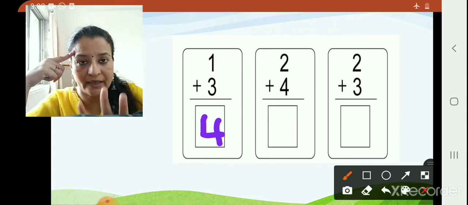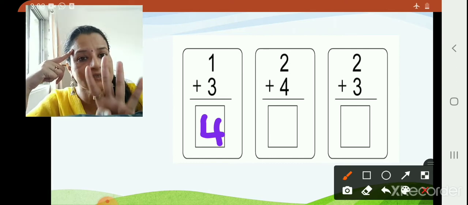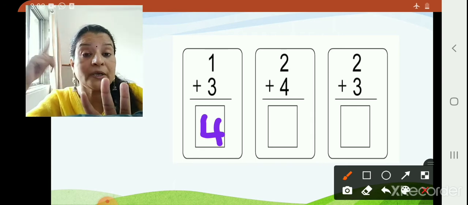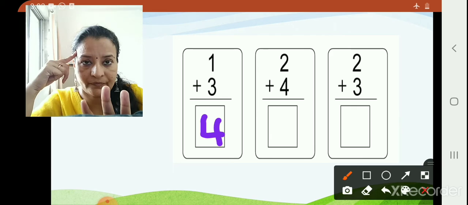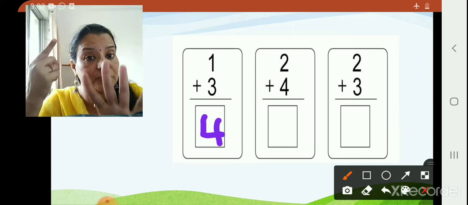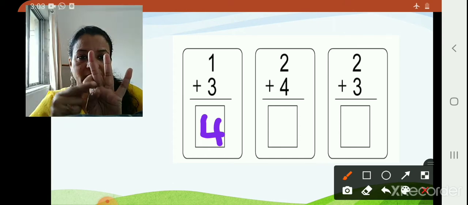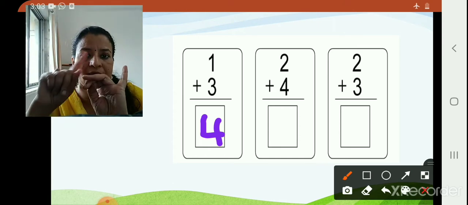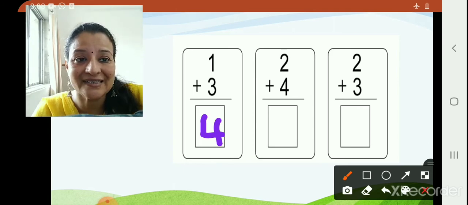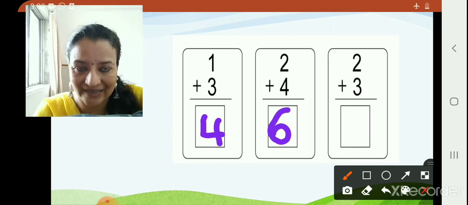Now start counting from 2. 2 in my head. So start counting after 2. 3, 4, 5 and 6. So the answer is 6.